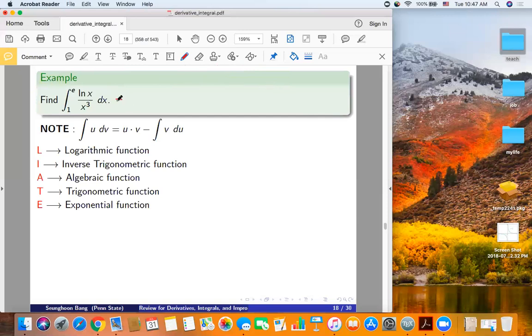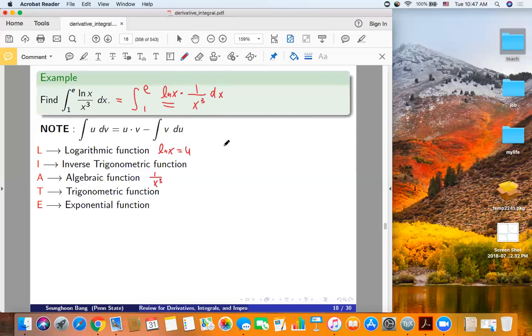How can we do that? This is the same as integral 1 to e of ln of x times the algebraic function 1 over x cubed dx. Here ln of x is a logarithmic function, and 1 over x cubed is an algebraic function. So which one is u? Only the top one is u.